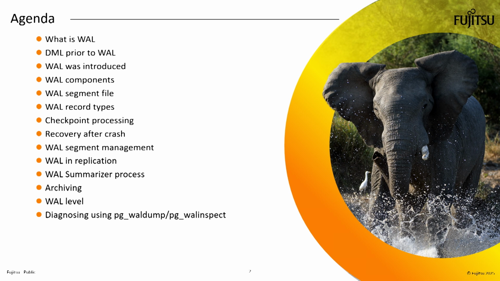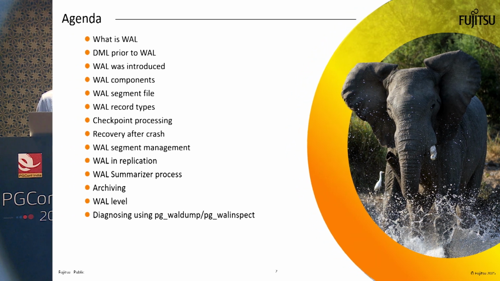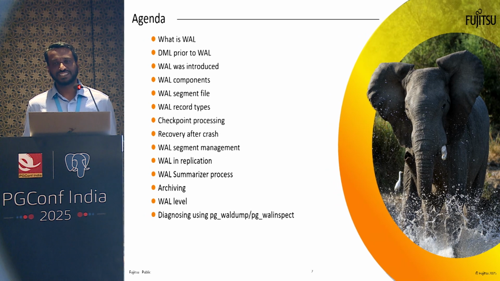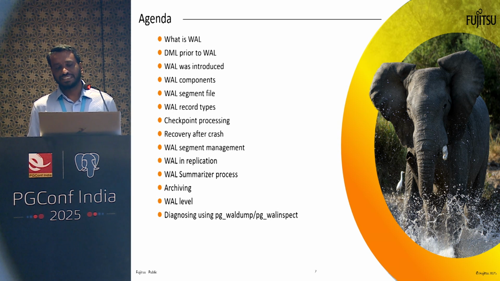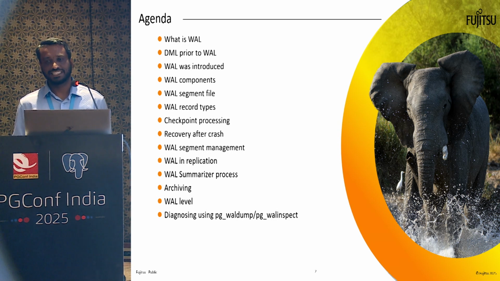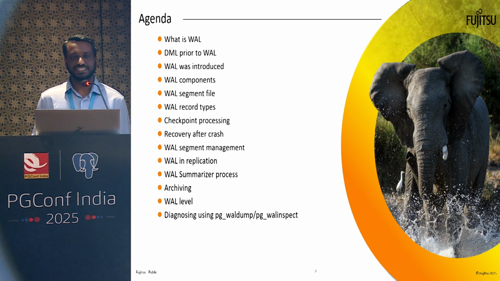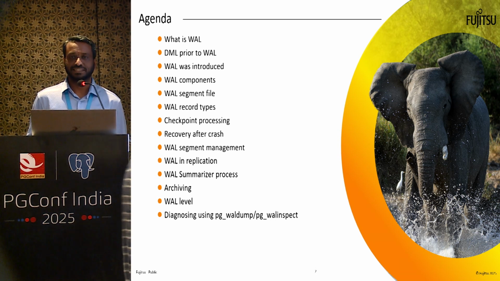Then we'll see the various components of WAL, and we will jump a little more deep into WAL, see what is WAL segment, what is WAL page, what is WAL record, and then we will see how WAL is being used for various purposes like recovery and replication. Then we will see different WAL levels that are there, and finally we will touch upon how to diagnose WAL information using pg_waldump and pg_walinspect.